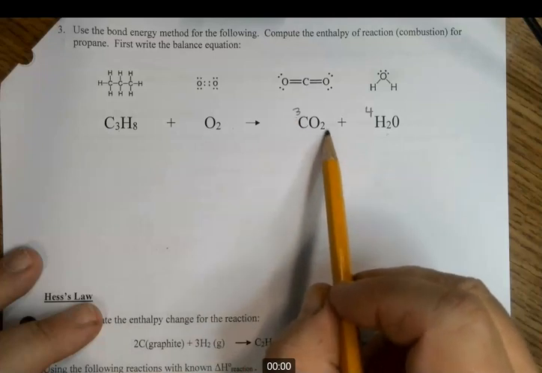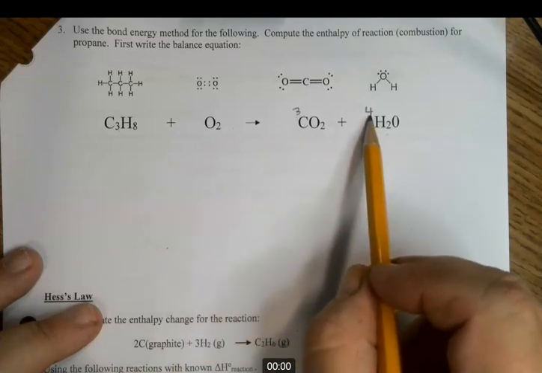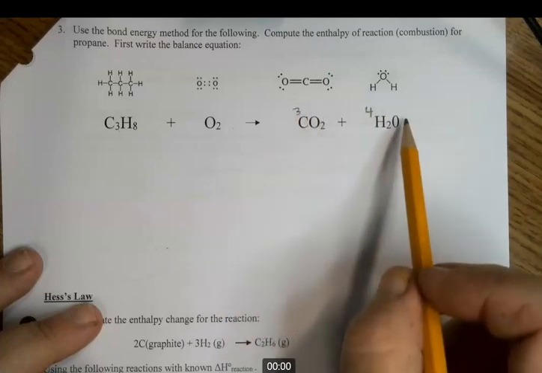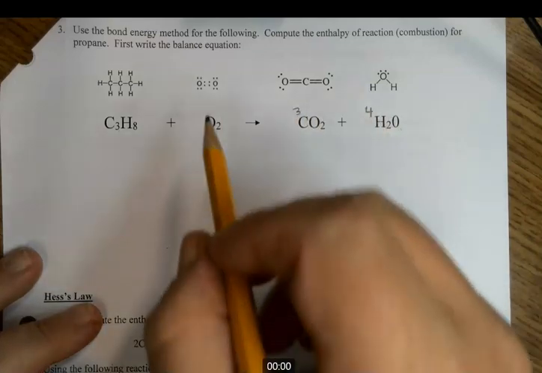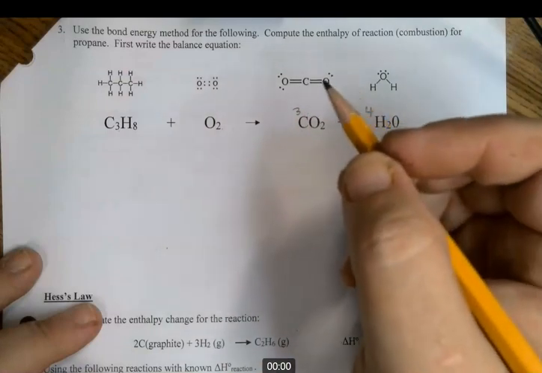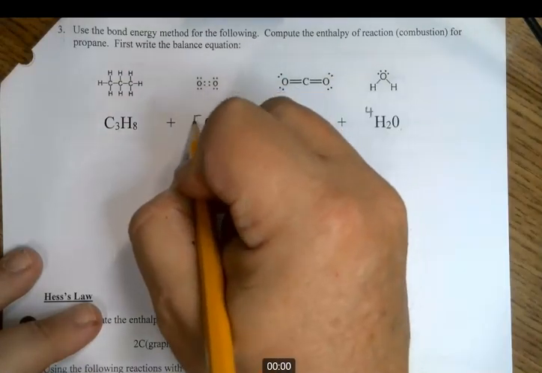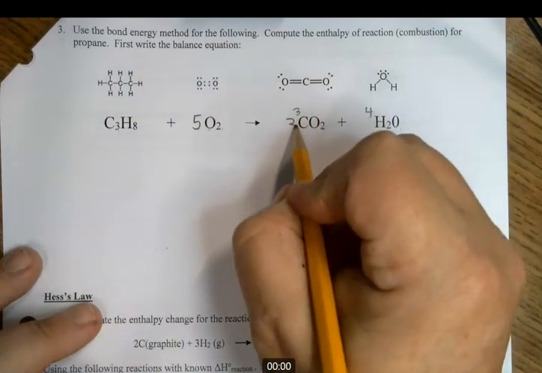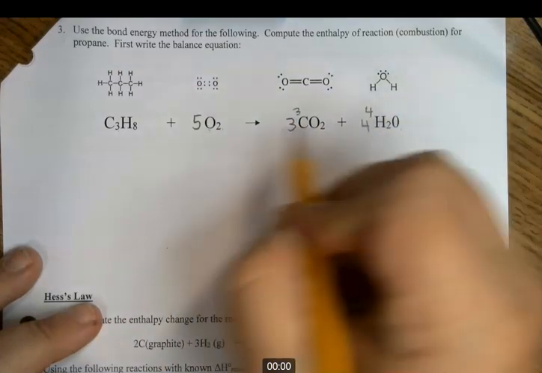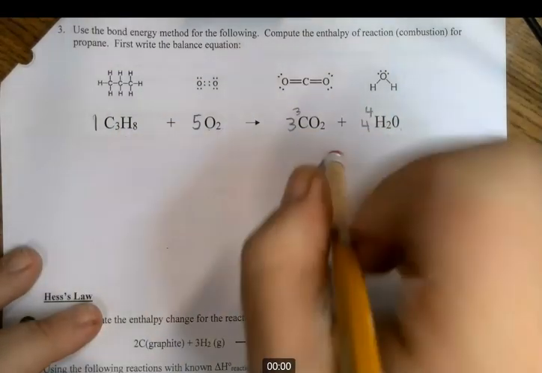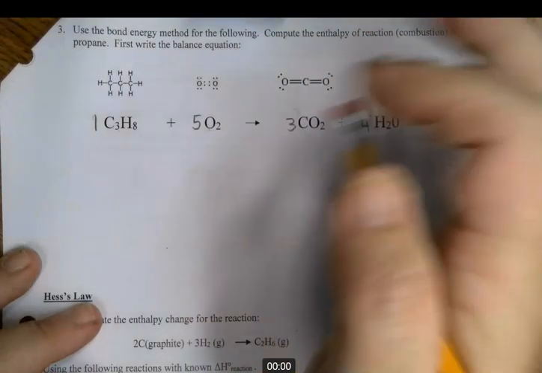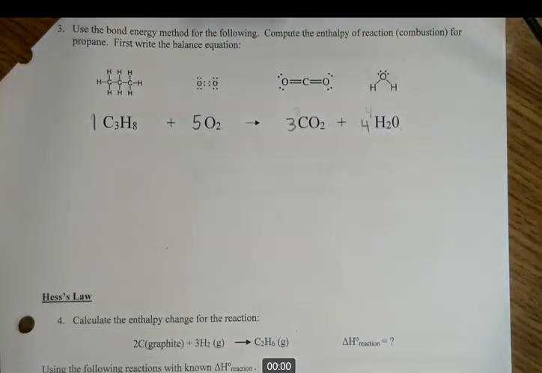We have 3 times 2 is 6, and 4 times 1 is 4. So 6 plus 4 is 10. So we're not going to end up with a fraction this time. So it's going to be 5 there. 5 times 2 is 10. You got a 3 there, a 4 there, and a 1 here. So whatever we get is going to be our enthalpy per mole number, okay?